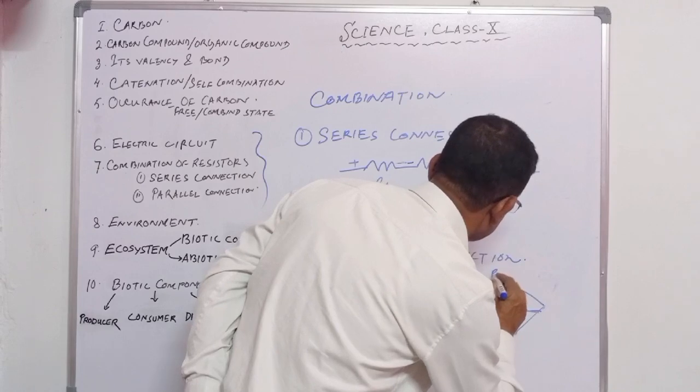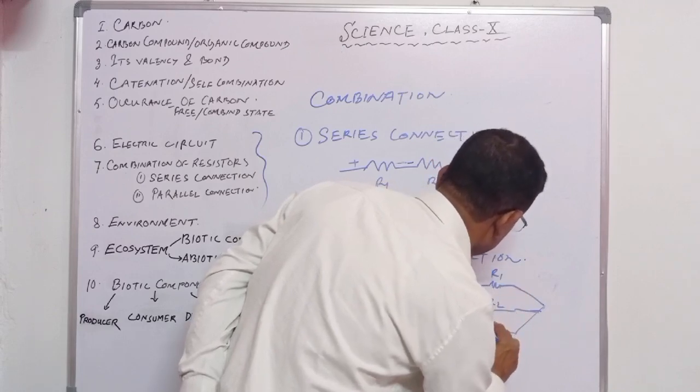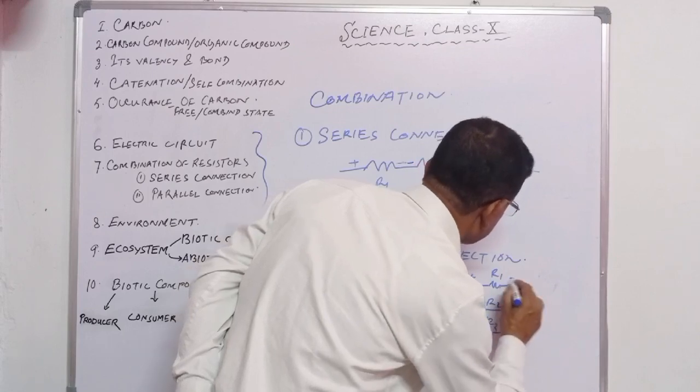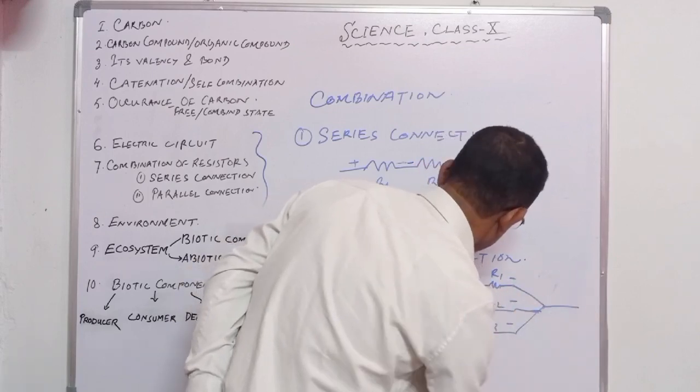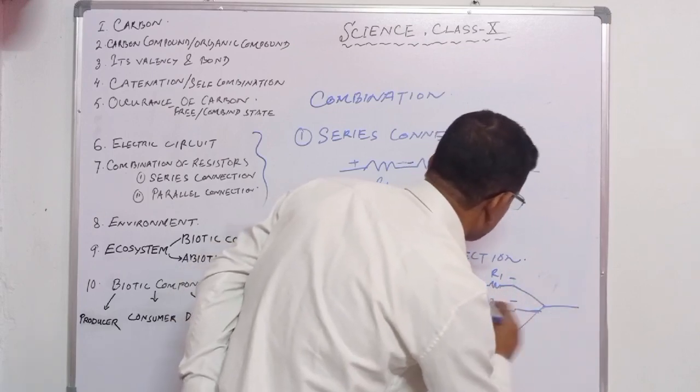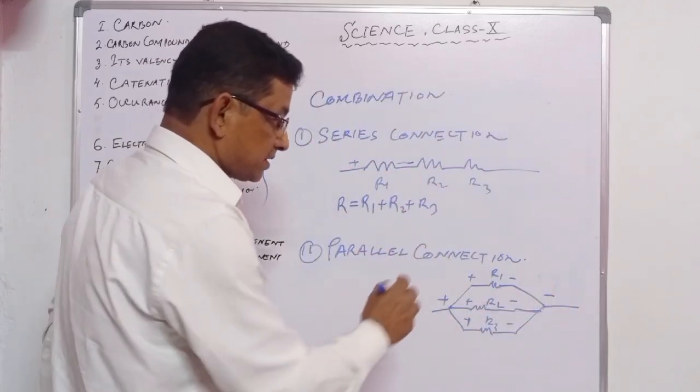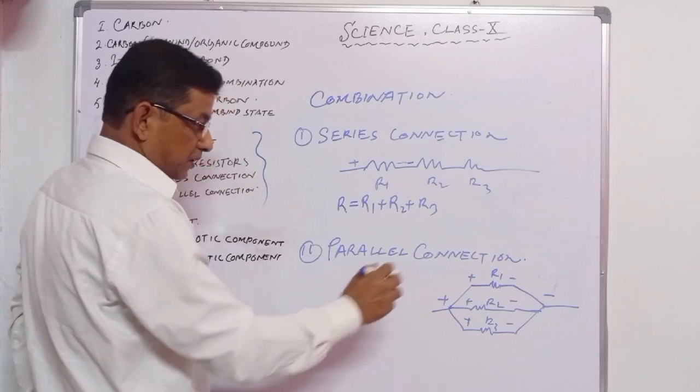So here this is R1, R2, R3. This is plus, plus, plus, minus, minus, minus. So all the plus ends are connected to one common point and all the minus ends of the resistors are connected to another point.